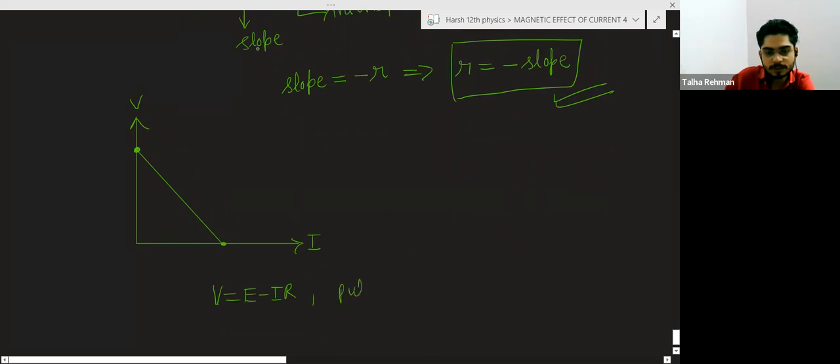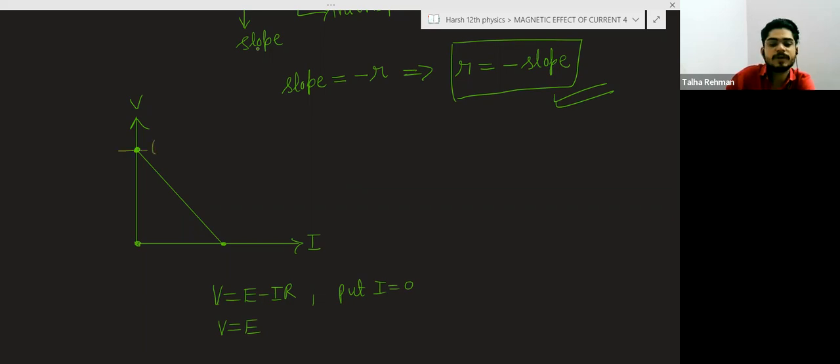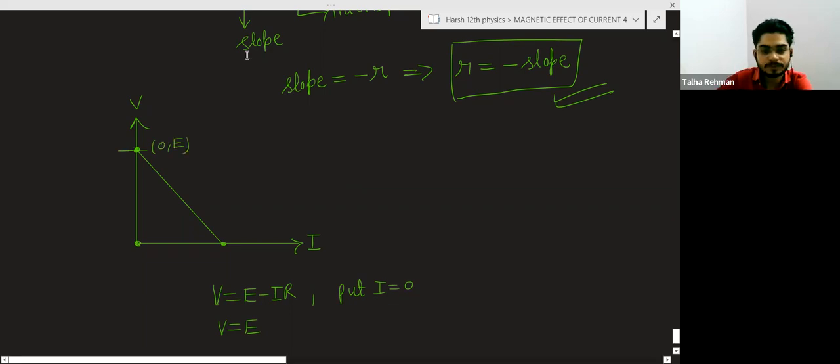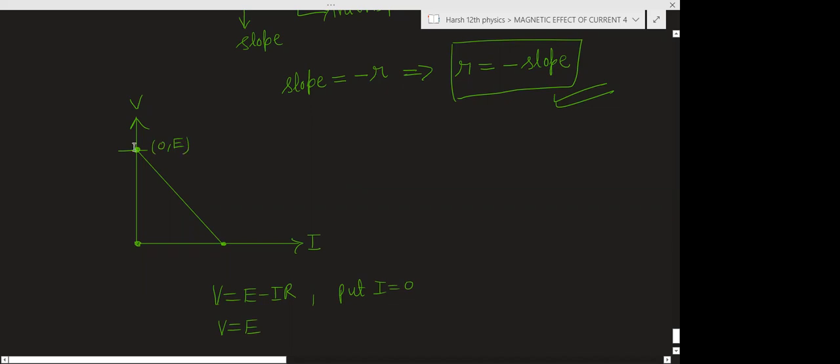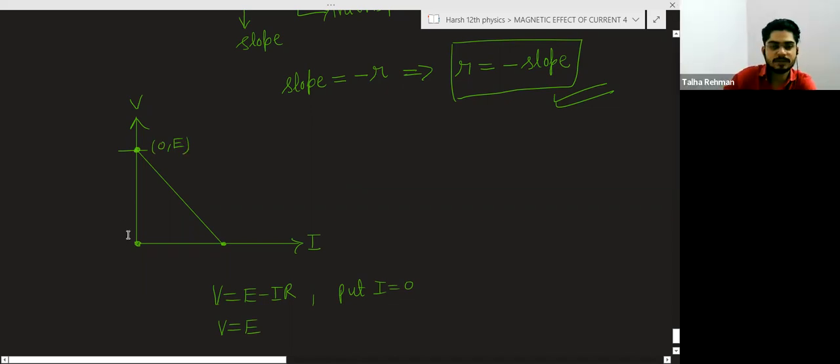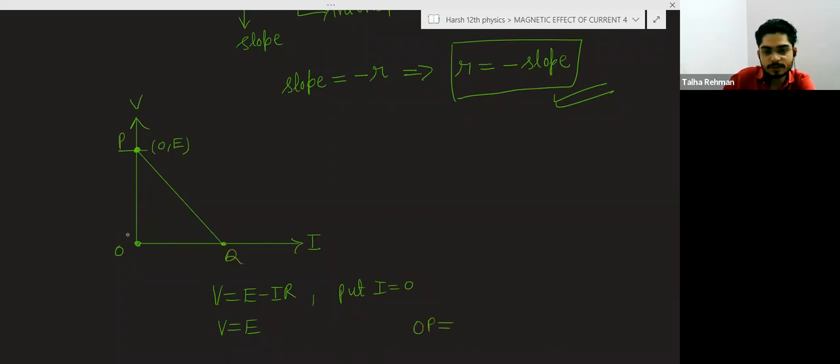When you put I equal to 0, you get V is equal to E. So at this point the value will be 0 comma E. Suppose this is O, this is P, and this is Q. So OP value is equal to the EMF of the cell.